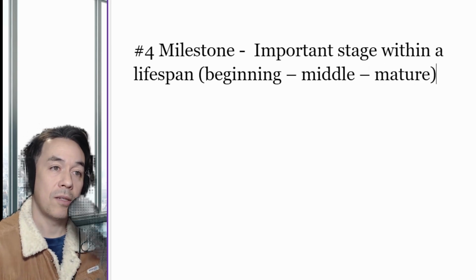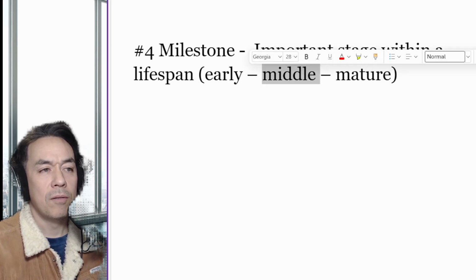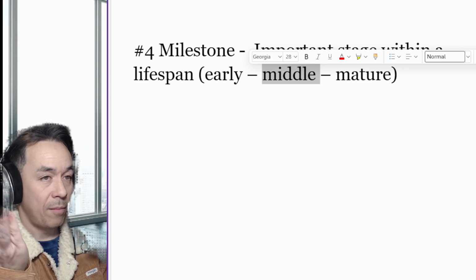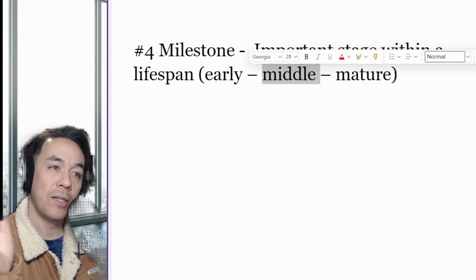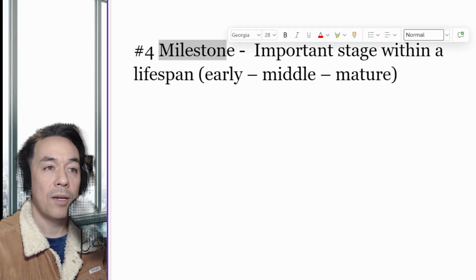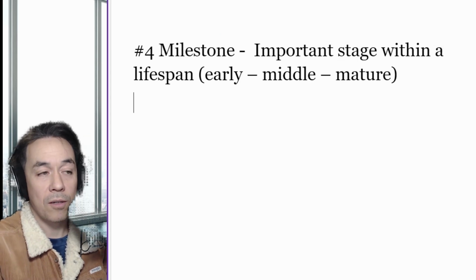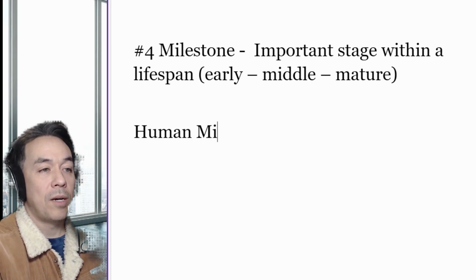There's the early, middle, and then mature stage. There's different stages between each one. Okay, so you could say, for example, for a human, milestones, right?